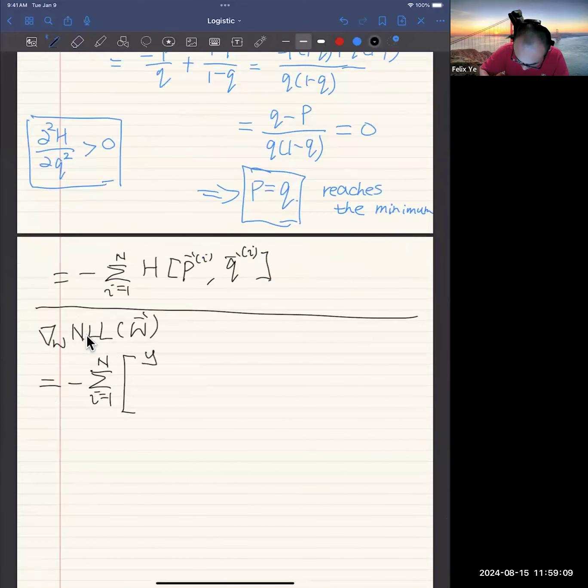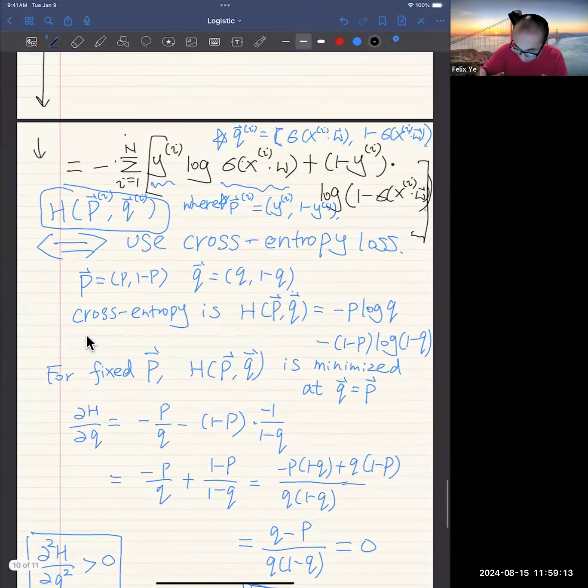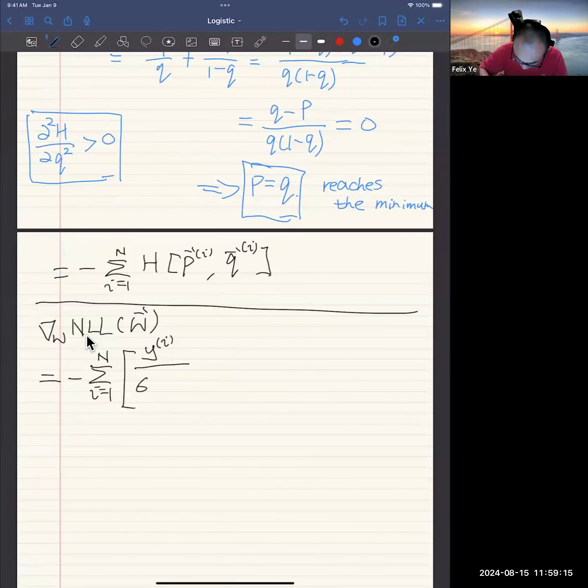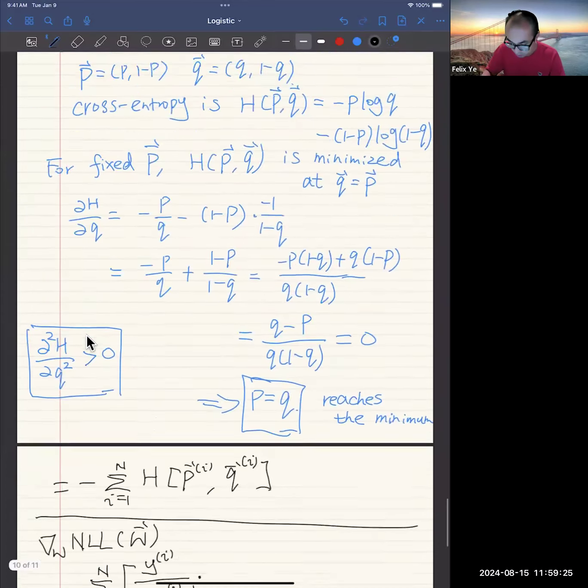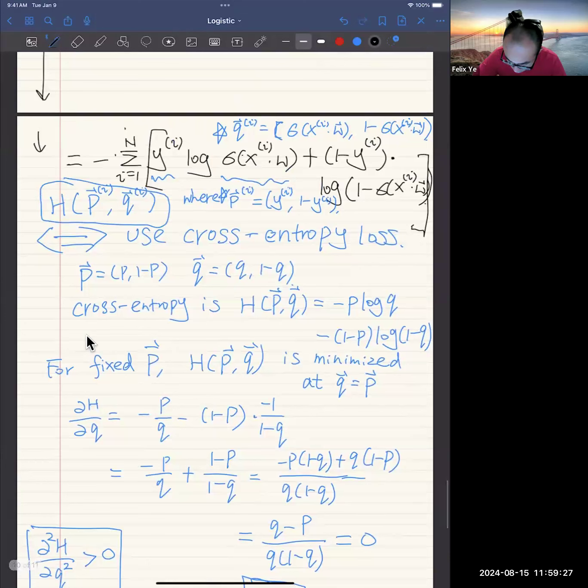All right, so first things first, it's yi here. So yi divided by the logarithm of this. So this logarithm will be on the denominator, and the sigma of x of i and w will be on the denominator. Then I'm going to take the partial derivative with respect to this sigmoid function.